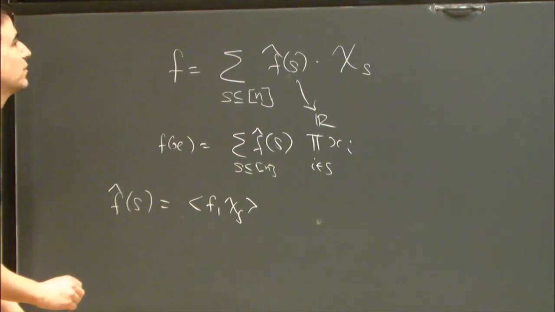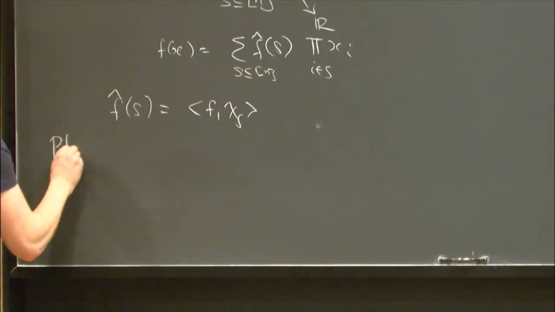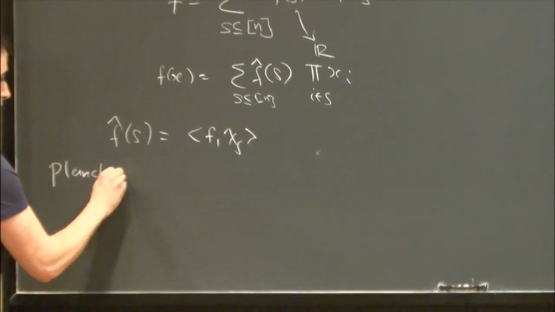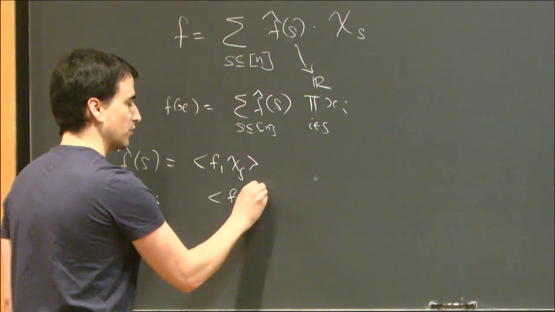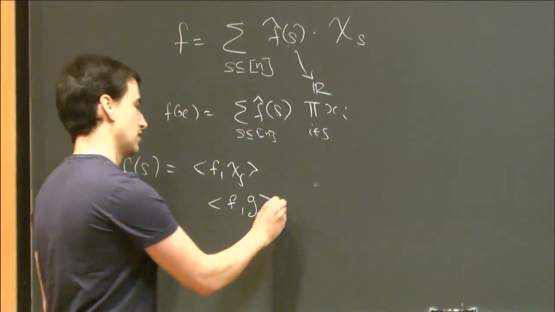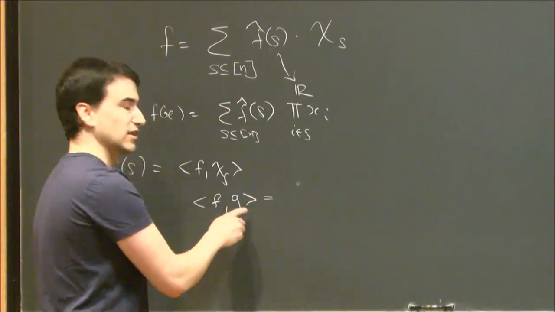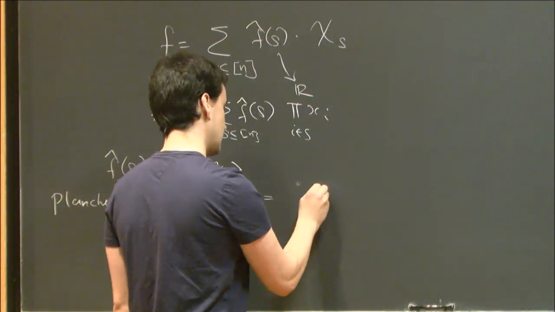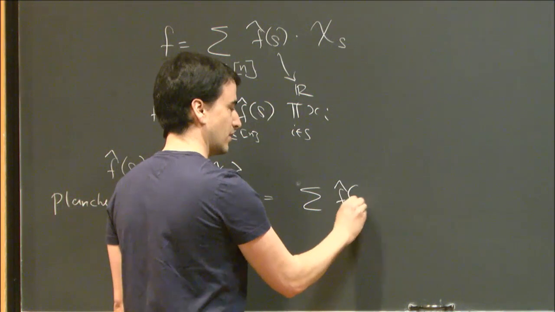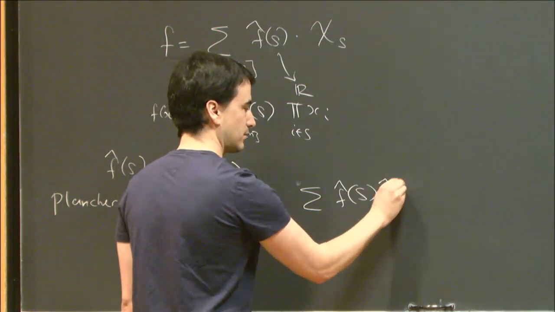Another very nice equality is what is called Plancherel. If I want to measure the inner product between two Boolean functions, I can write each one of them in the Fourier expansion, and then everything cancels out except for matching coefficients.